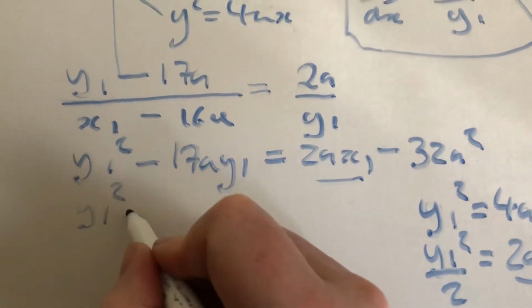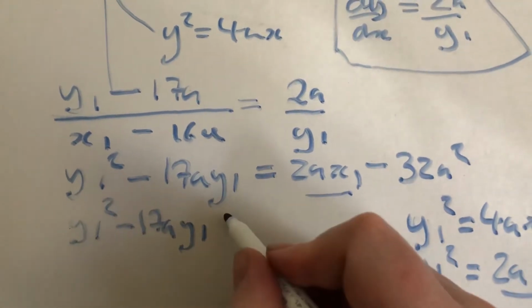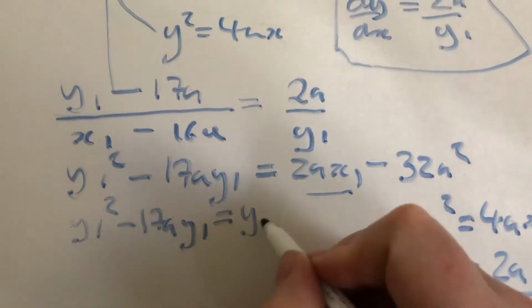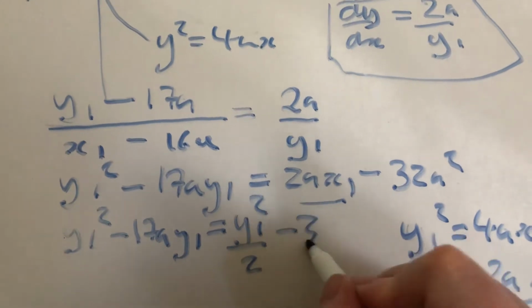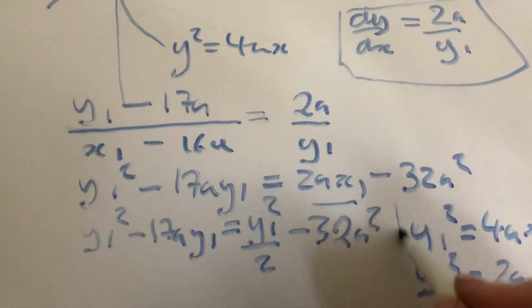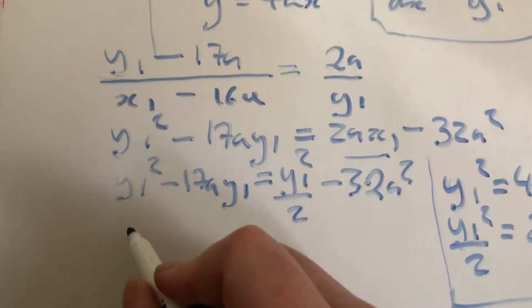y1 squared minus 17a y1 is equal to y1 squared over 2 minus 32a squared. Box that off neatly. And then let's write this out here.